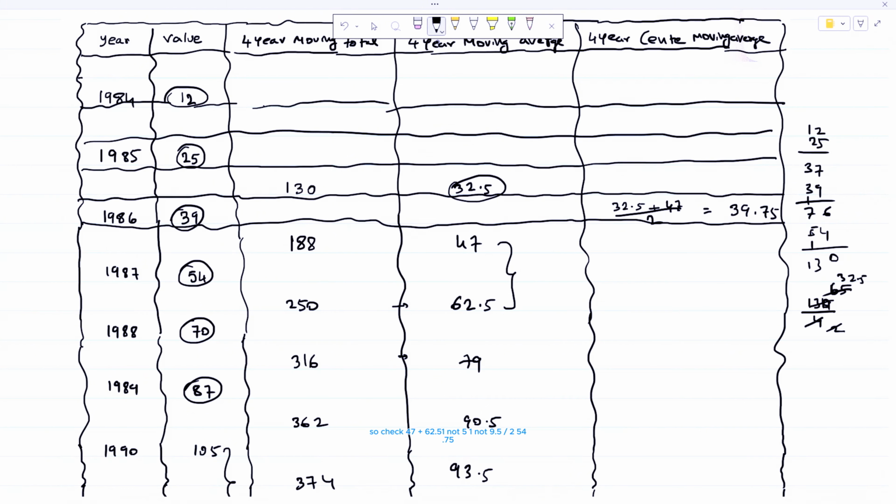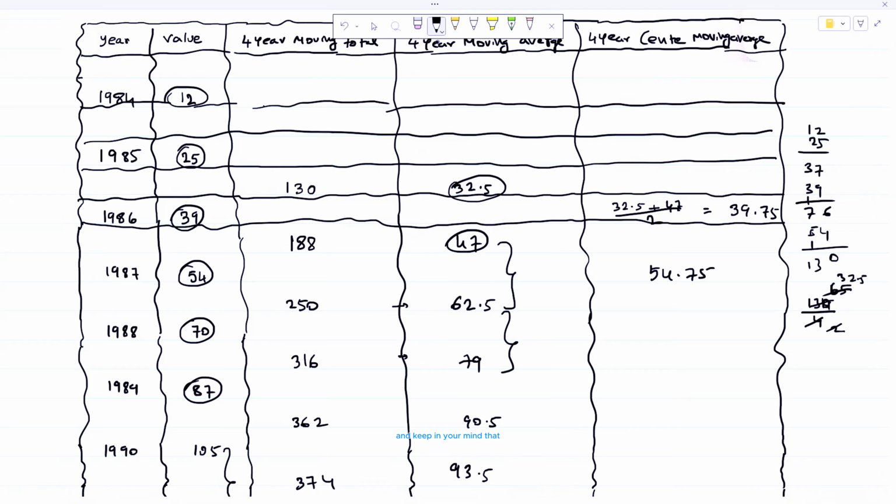So check 47 plus 62.5, 109.5 divided by 2, 54.75. Here you should enter that, 54.75. Next, round the value and select the next 2.